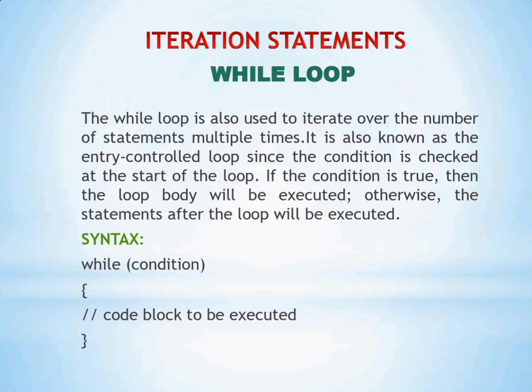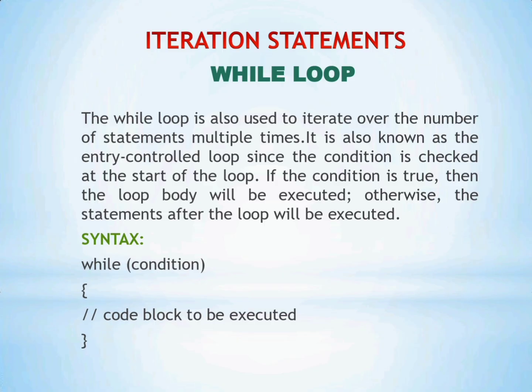Now let's discuss the while loop. The while loop is used to iterate over a number of statements multiple times. It is also known as an entry control loop or entry check loop, since the condition is checked at the start of the loop. If the condition is true, then the loop body will execute, otherwise the statement will not be executed.